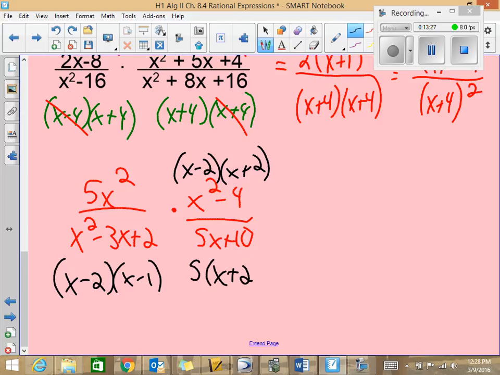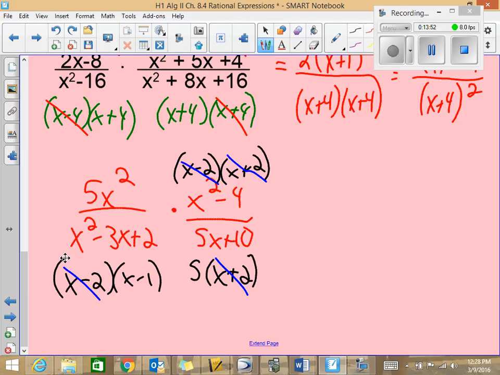Okay, so now, again, anything on the top with anything on the bottom. So, Hannah? X minus 2 cancels. X plus 2, x plus 2. Right, yes, the 5 doesn't go with it right now. It's just the x plus 2.